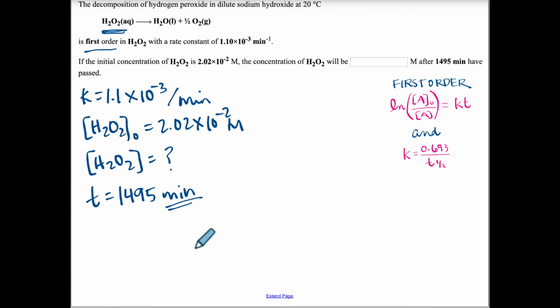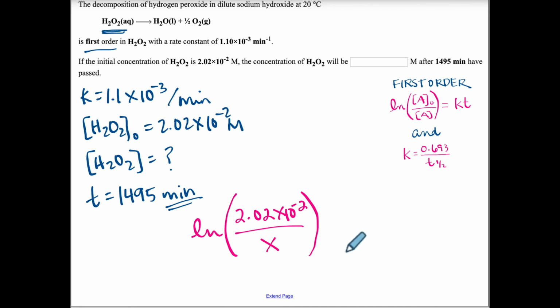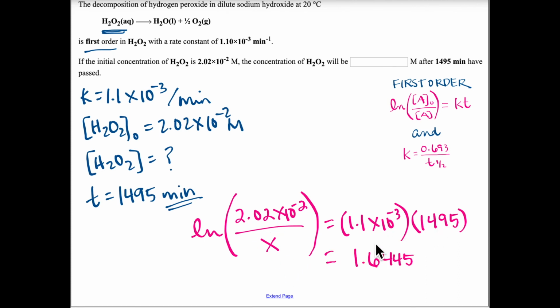The natural log of the initial concentration divided by what we're trying to solve for, so we can put that in as an x, equals K, which is 1.1 times 10 to the -3 times our T, which is 1,495 minutes, and then we can solve for x. Okay, when we multiply these two numbers, we get 1.6445.